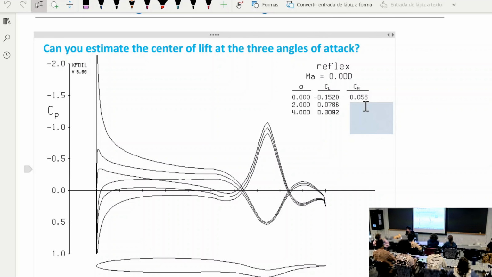You copy the CM at the other two angles of attack and use the formula of 1/4 minus CM over CL to calculate the center of lift. And don't be alarmed if the center of lift lies outside of the airfoil, because that is completely possible.